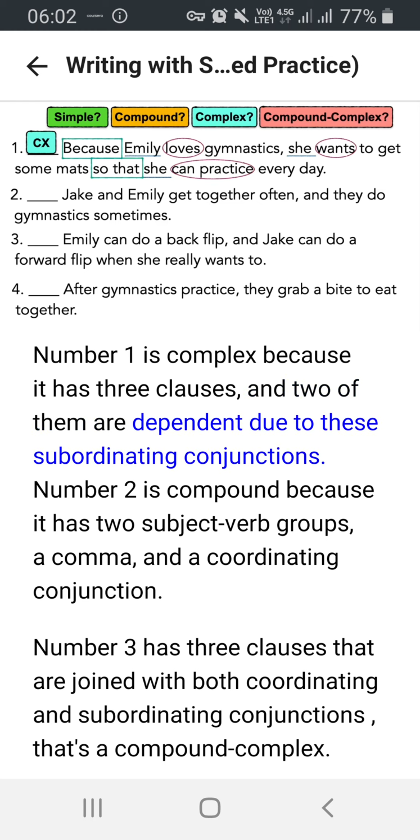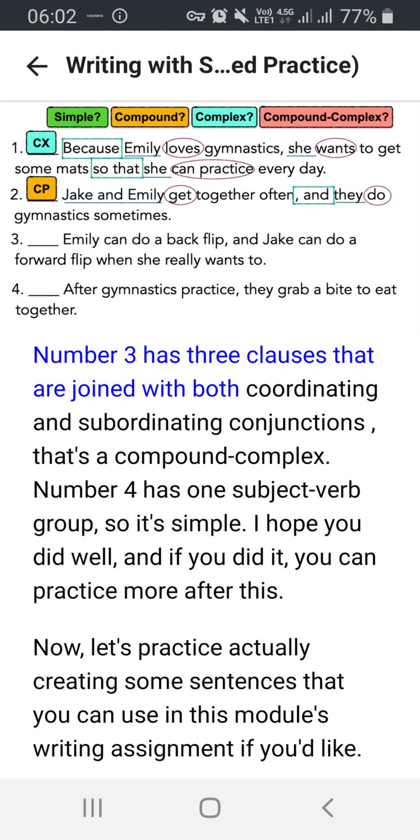Number two is compound because it has two subject-verb groups, a comma, and a coordinating conjunction. Number three has three clauses that are joined with both coordinating and subordinating conjunctions. That's a compound complex. And number four has one subject-verb group, so it's simple.